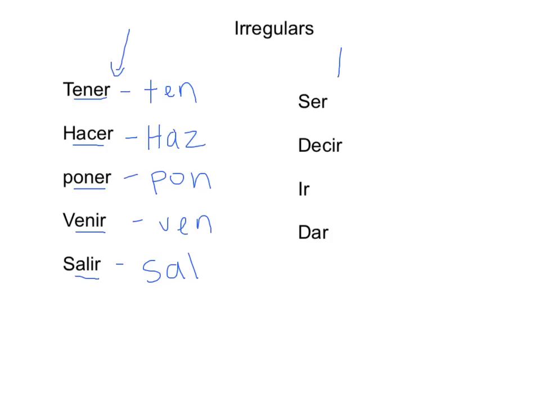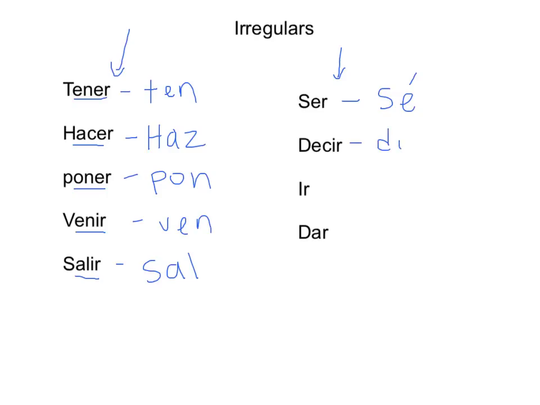On this side, they're more irregular. Ser becomes se with an accent mark. In this case, it's a command that's telling you be, but please note that se also means I know. You'll just have to use context clues to figure out which one they're talking about.